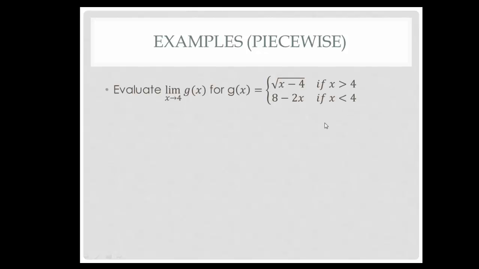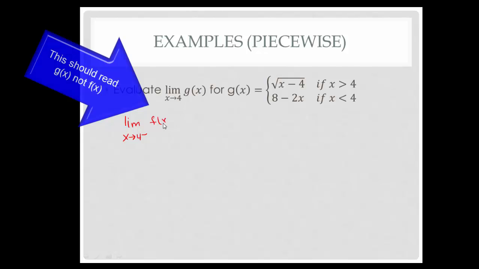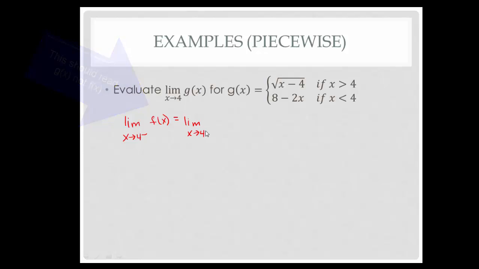So x equals 4 is where we have the change from one piece of this function to the other. So we are going to have to look at the limit as x approaches 4 from both the left and the right. If we look at the limit as x approaches 4 from the left, in other words, we need to look at this as x approaches 4 from numbers smaller than 4, which of the two pieces should we use?